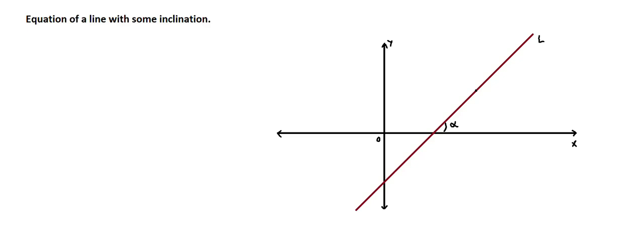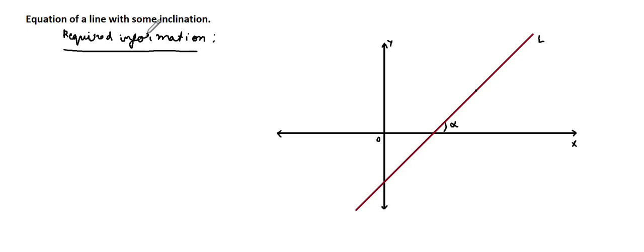Okay, so let's start with the solution. Whenever you need to find the equation of a straight line, you should always keep in mind that you need two pieces of information. With these two, you can find the equation of any line. So what is the required information?